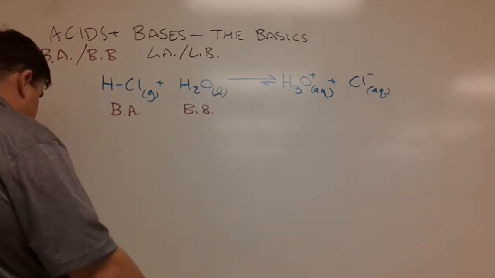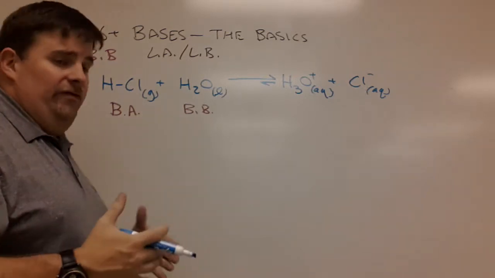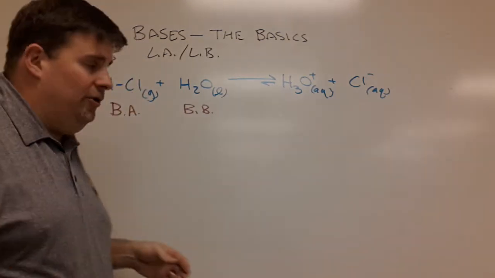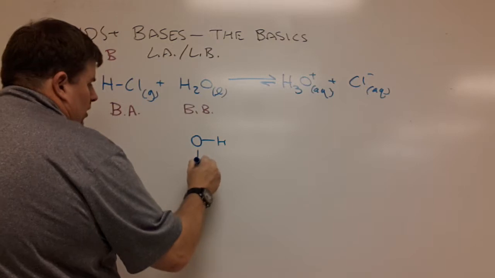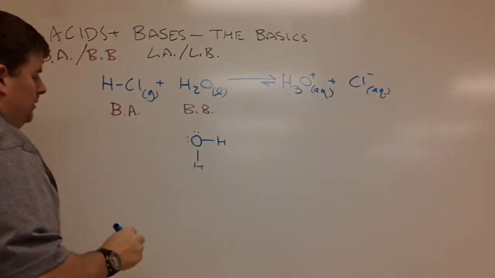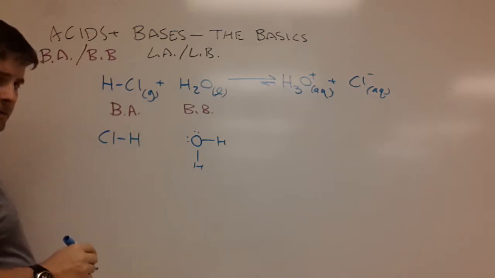Now some of you are looking at this and saying, all right, that makes sense so far, but how does that hydrogen really get over to the water? It involves the flow of electrons. So I have to draw the proper Lewis dot structure of water. Okay, so here's water, dot, dot, dot, dot, and I've got a Cl and an H. Okay?